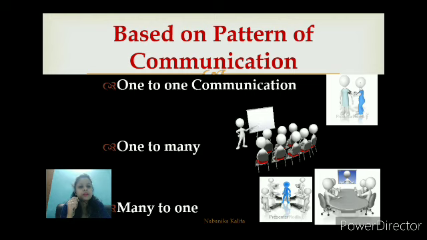And many-to-one, where many persons are giving or asking or sharing information to only one person, like in interview sessions, where many panelists and experts in the interview board ask questions to one particular person. That is many-to-one. So these are the types of communication.